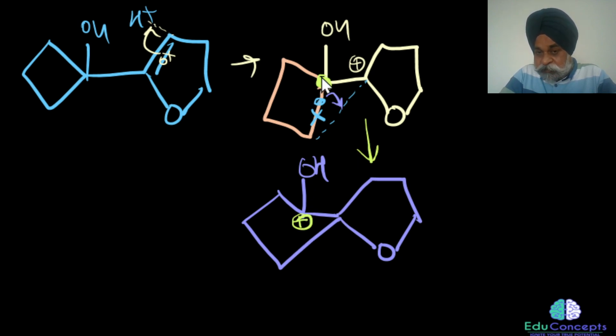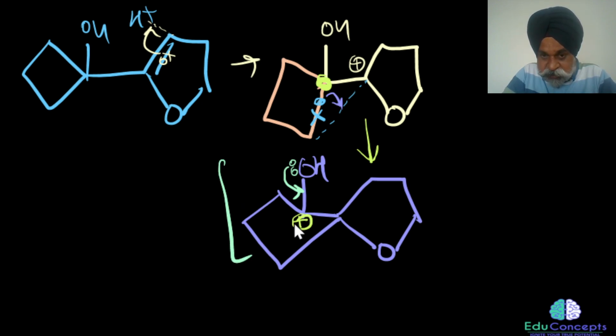So let me state it very categorically once again: when you have a carbocation and along with it there is a carbon containing an OH group, then try to bring the positive charge onto that carbon which contains the OH group. Why am I saying so? Because that way the lone pair of oxygen can stabilize it through resonance, the way we did in the last slide.